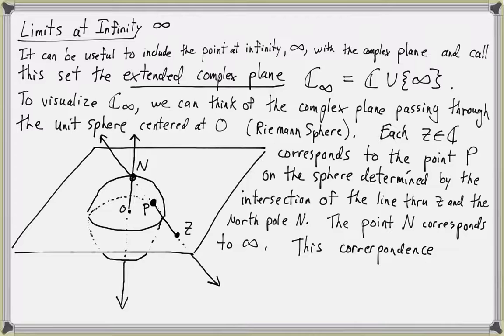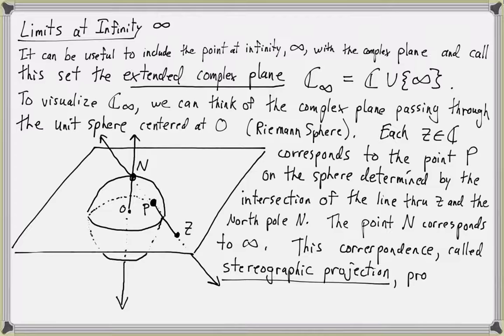So this correspondence, called stereographic projection, provides a one-to-one correspondence between the Riemann sphere and the extended complex plane.